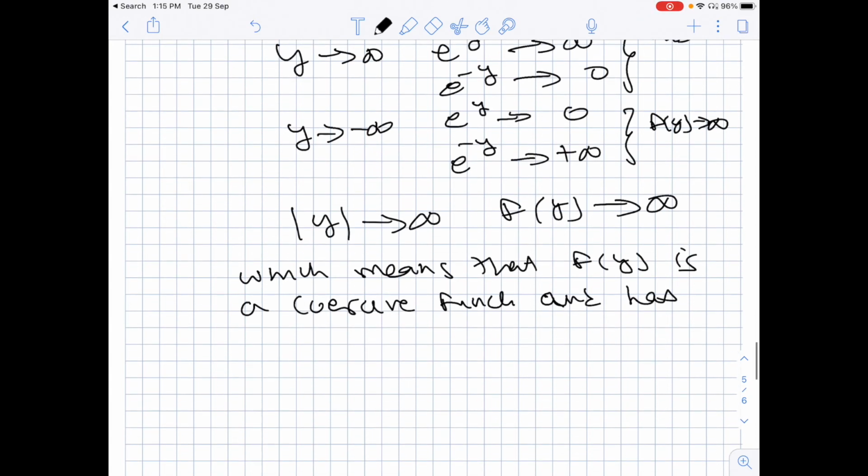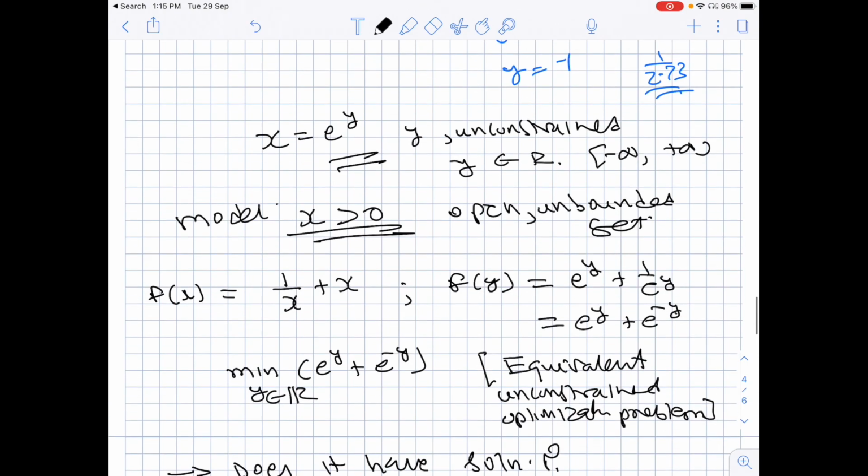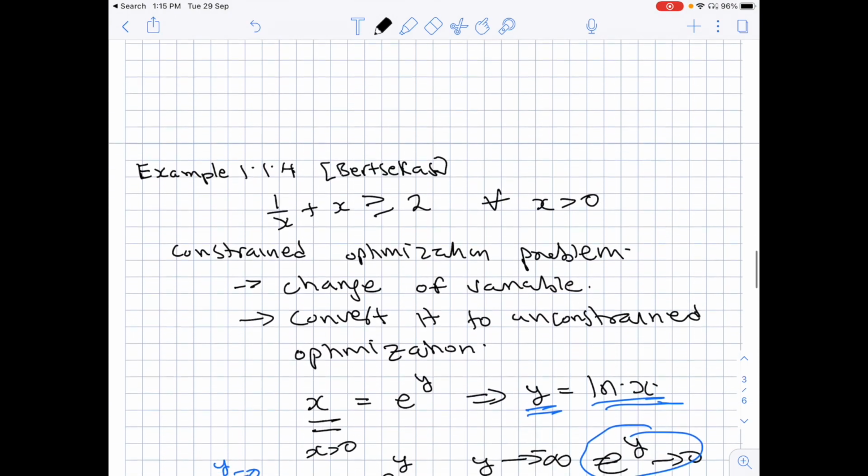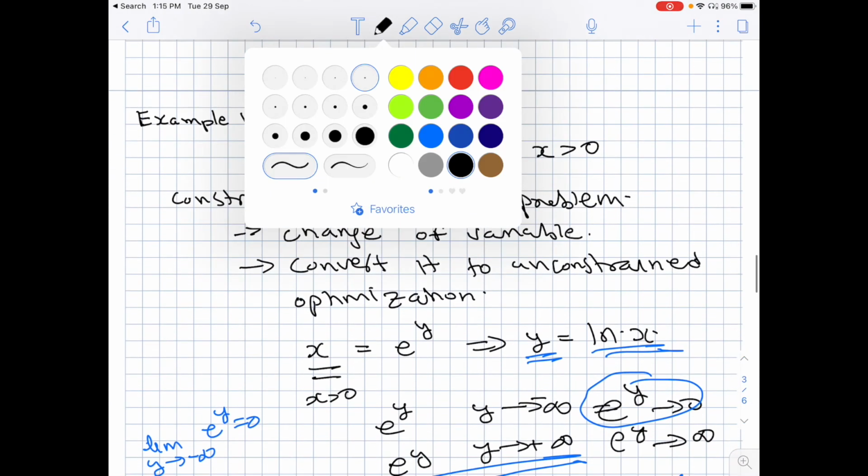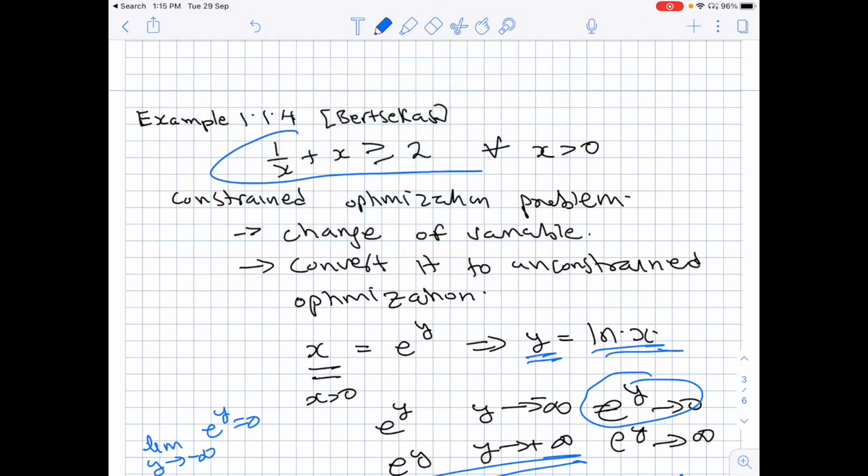and has therefore a minimum. Incidentally, we are talking of a global minimum. And I just want to warn you once again that when we are trying to show an inequality like this, the inequality is also in the global sense. This is not in a local sense.